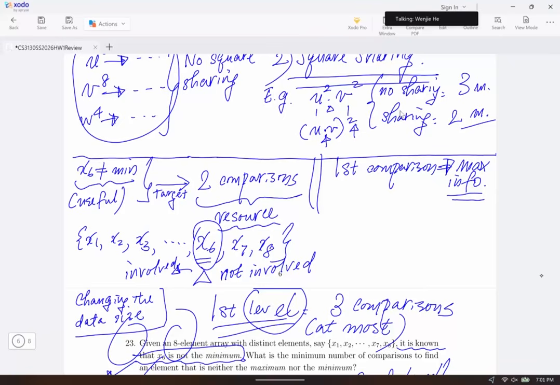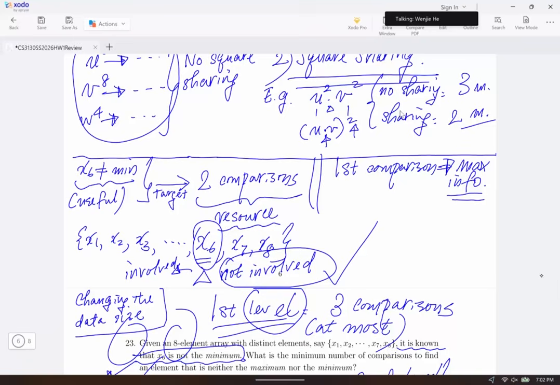Does this way give us a little more information, or do we compare x6 with any of the other elements? That decision is critical here. The answer is that the not involved way is better. We would get more information with the not involved way.